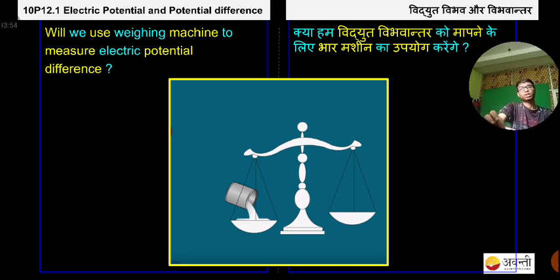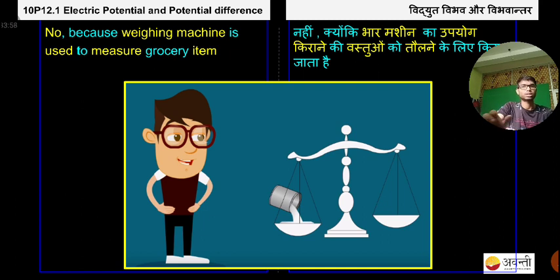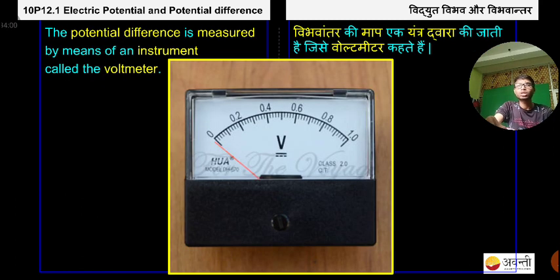Will you use a weighing machine to measure electric potential difference? No. Potential difference is measured by means of an instrument called a voltmeter. This voltmeter is used to measure electric potential difference. Clear?